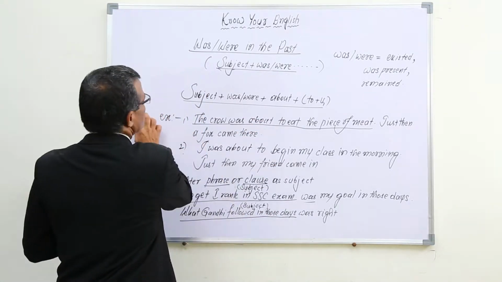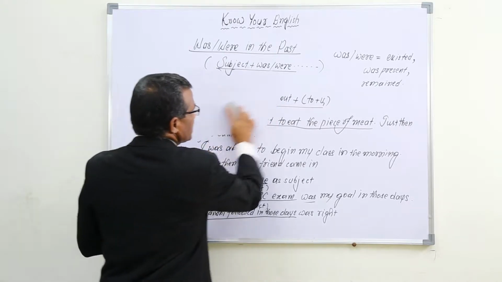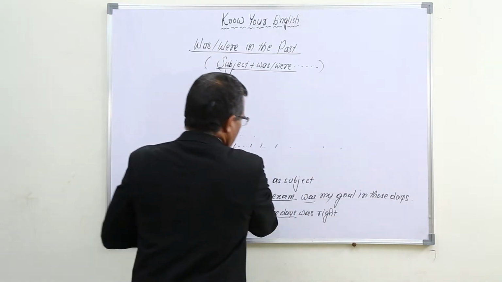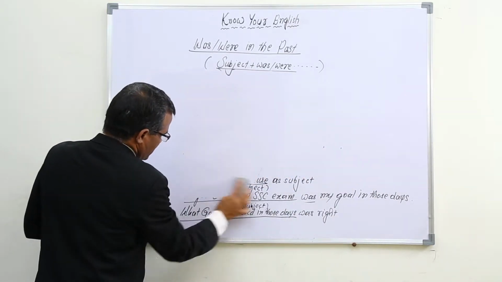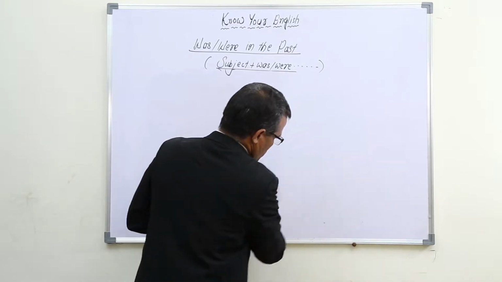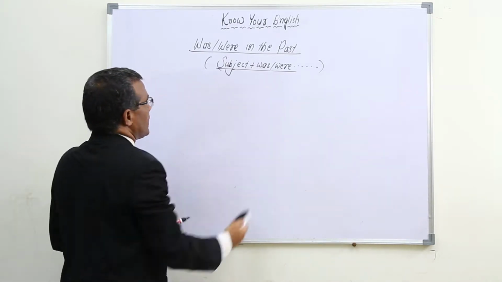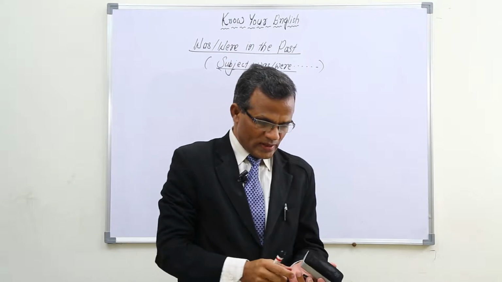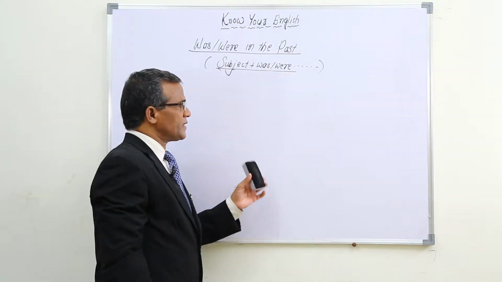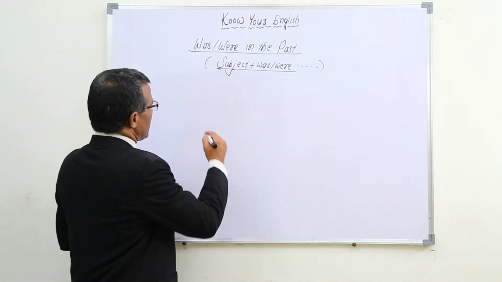Now we are switching over to the questions part. So how to frame questions positively and negatively? It's very easy. As was or were are be forms, we can easily change the order of subject and was or were.